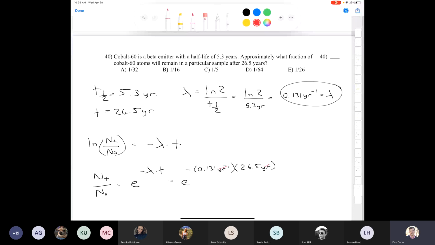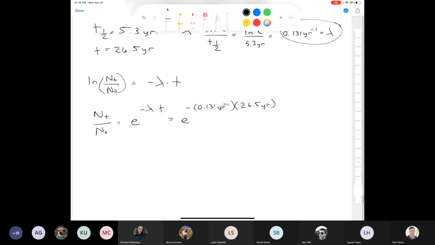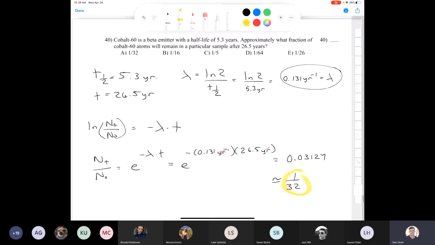These cancel, and we end up with an amount which is 0.03125, which is the same thing as 1 over 32. I actually ended up with 0.127, but either way, it's close enough. We'll put that it's close enough to 1 over 32, which is answer A.